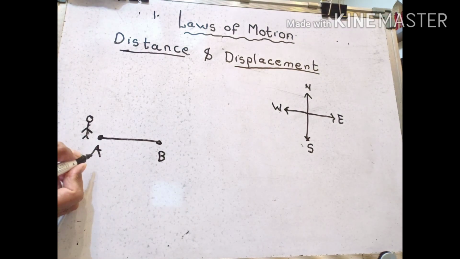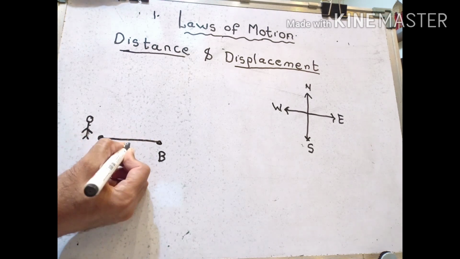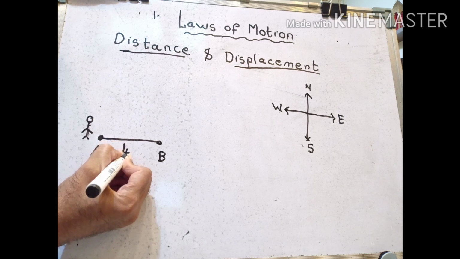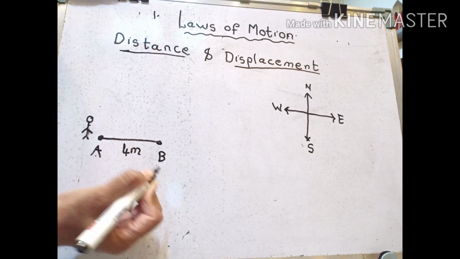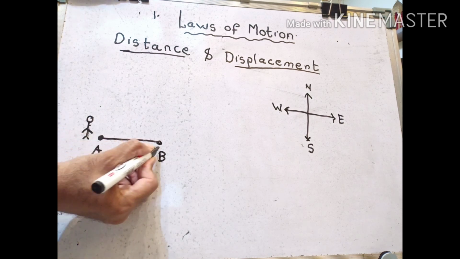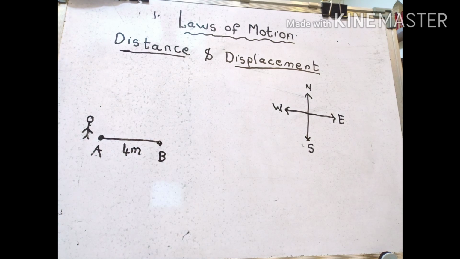Now the person has started from point A and moves 4 meters. I am now using meters because meter is the SI unit of displacement, right? And distance as well. So a person moves 4 meters towards point B, right?